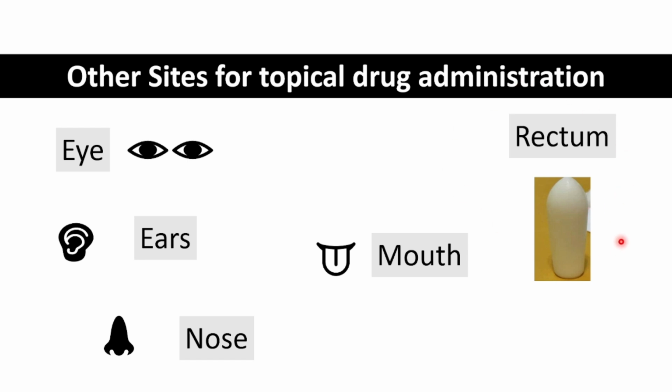For example, suppositories are inserted into the rectum to treat hemorrhoids. Next, we can have vaginal drug administration to treat infections such as vaginal candidiasis.